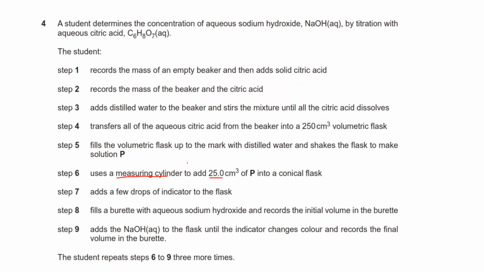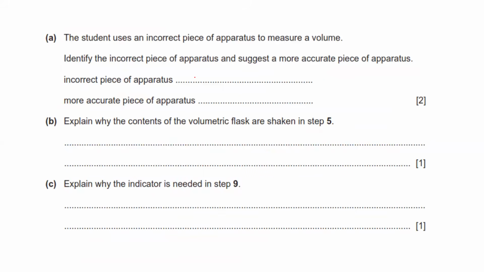So the good is to use a pipette. So incorrect piece of apparatus is measuring cylinder, and more accurate piece is pipette.